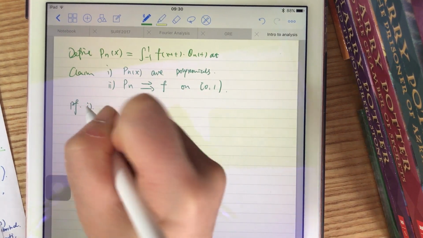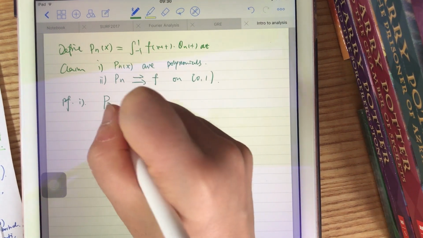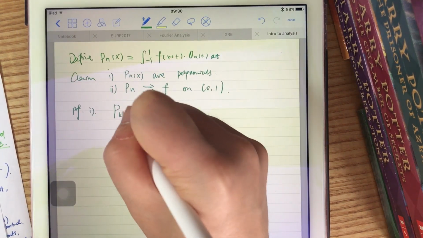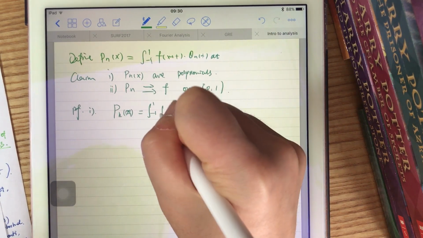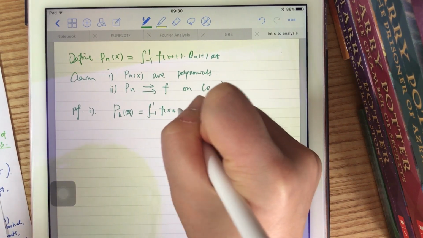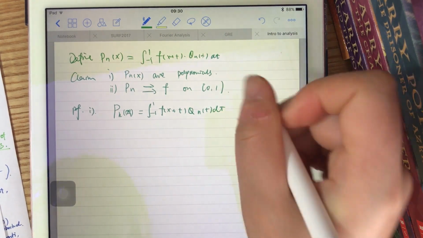The first claim is very simple. Now Pn(x) is, you write it down and analyze it a little bit.